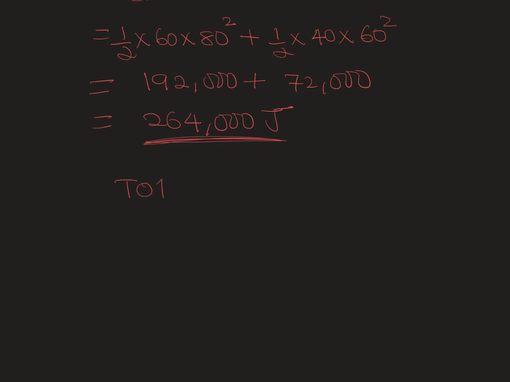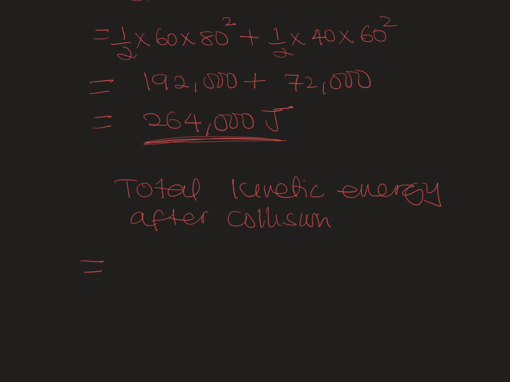Now we'll find the total kinetic energy after collision. The formula for total kinetic energy after collision is half mass of A, final velocity of A squared, plus half mass of B multiplied by the final velocity of B squared.